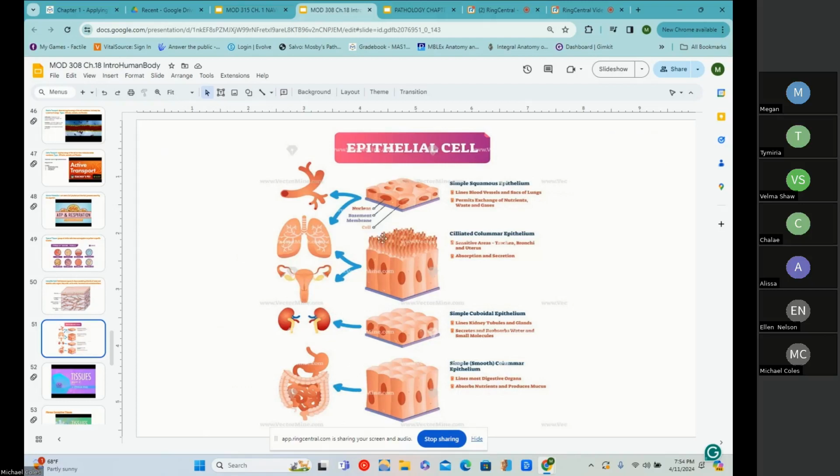So all of these are the same, I guess, type of cell category, but they're different subtypes of cells: ciliated, simple squamous, simple cuboidal. So the body's broken down even deeper into each, like I said, each individual cell comes together, and then the more they come together, they actually make the organs and then the systems.